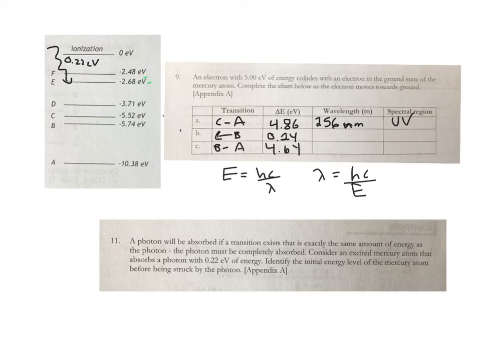So it's asking what the energy of the atom is if it actually absorbs that photon. So we're looking at an energy change of 0.22 electron volts. So if that photon hits something at this energy level, it will move up to this energy level and that photon will be absorbed, because the difference between C and B is 0.22.